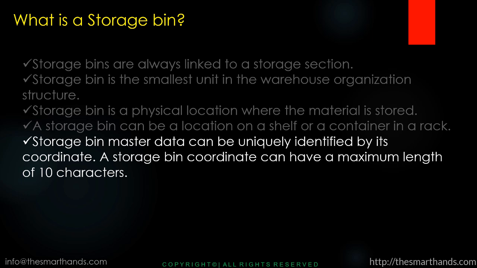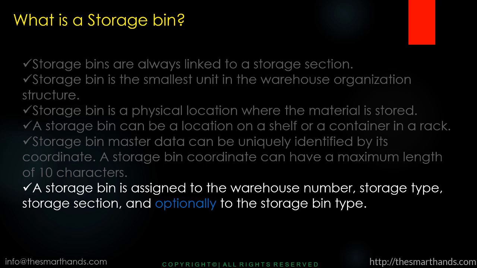Storage bin master data can be uniquely identified by its coordinate. A storage bin coordinate can have a maximum length of 10 characters. A storage bin is assigned to the warehouse number, storage type, storage section, and optionally to the storage bin type. So what is a storage bin type? We'll talk about this in the later part of this video.